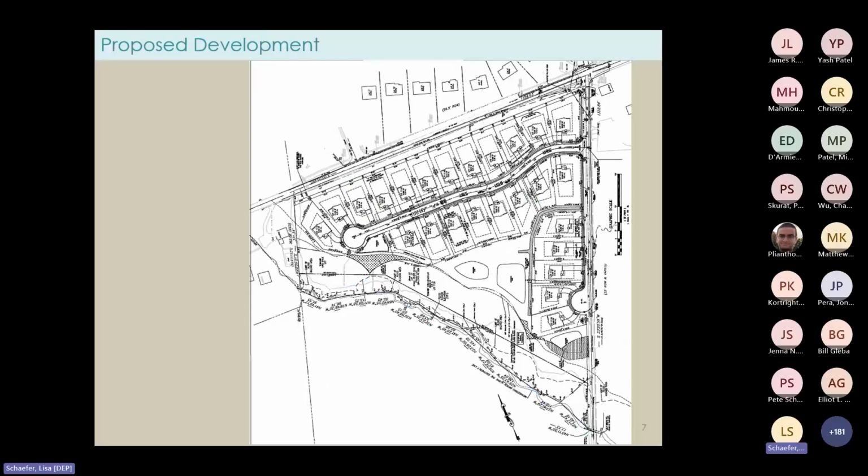All right, the proposed development includes the clearing and grading of the property, construction of 25 single-family homes, widening of the existing road found on the right side of the plan, and another internal road. Both each terminate in a cul-de-sac with a 50-foot radius.